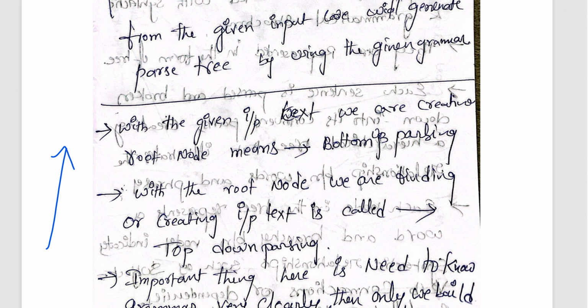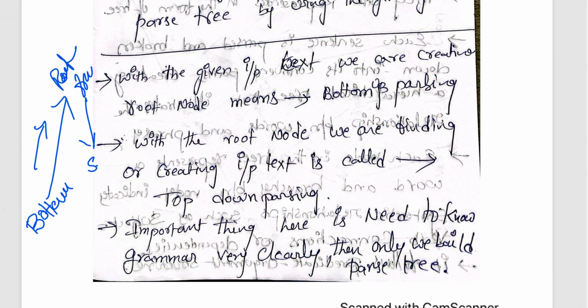The given input sentence is always at the bottom, right? So with the given input sentence, we are constructing the root node, which is nothing but bottom up parsing. And from the root node, we are constructing the sentence, that is top down parsing. Okay, that you need to remember.